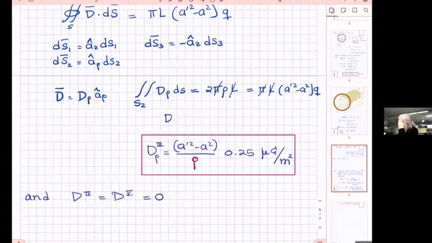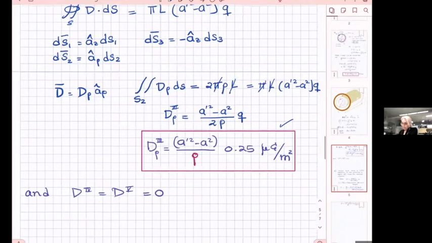It's d3 rho, which is going to be a prime square minus a square, and that's 2 rho q. And if you write q from what I gave you, it's 0.5 microcoulombs per meter square. You divide it by 2, gives you 0.25. And that's how you get this expression here. Any questions about this?